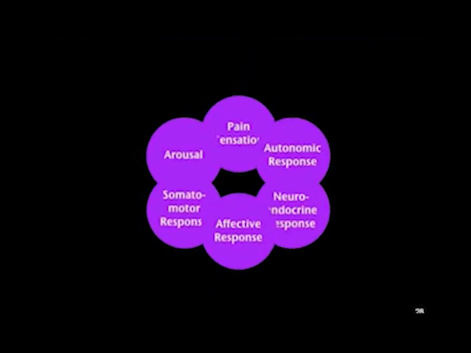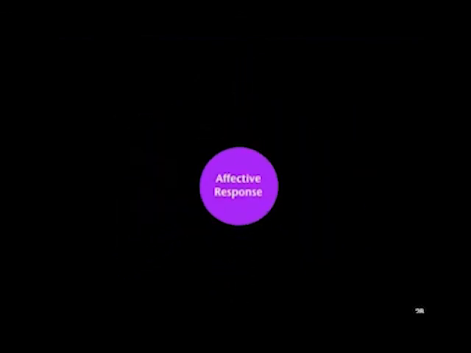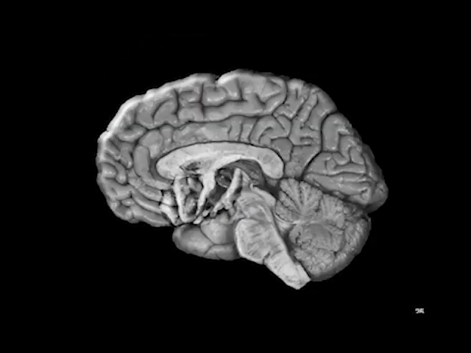Here you see that all this effect of pain ends in the affective response to pain. In chronic pain, the affective response is very high.